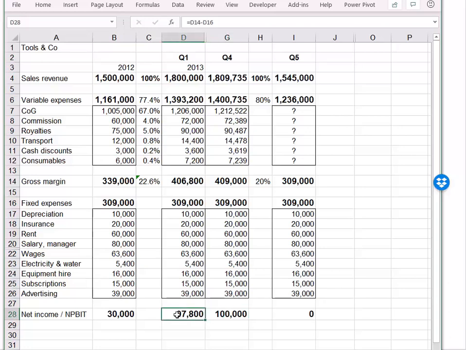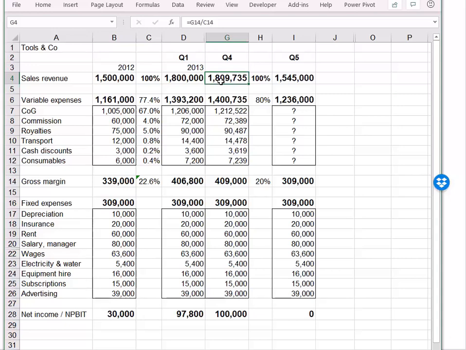So if this is a little bit less in profit, we would expect that the sales all the way at the top would be a little bit less. And there you can see the 1.8 million versus this number slightly higher than 1.8 million. So immediately you can look at the numbers and say, okay, that looks aligned, that looks correct, it makes sense.